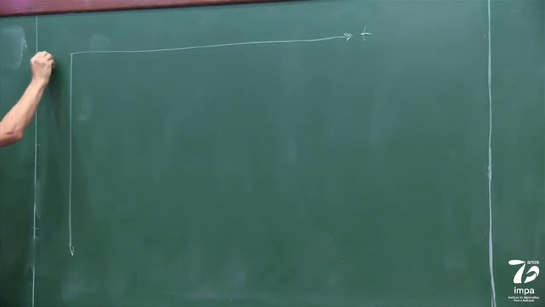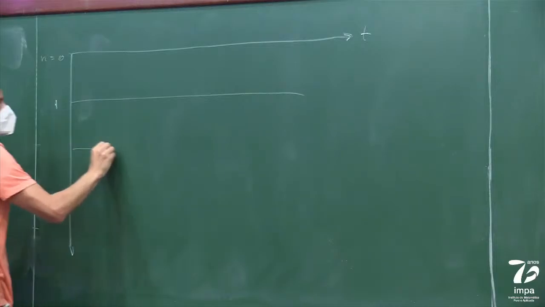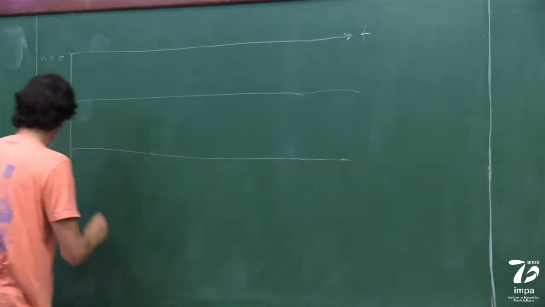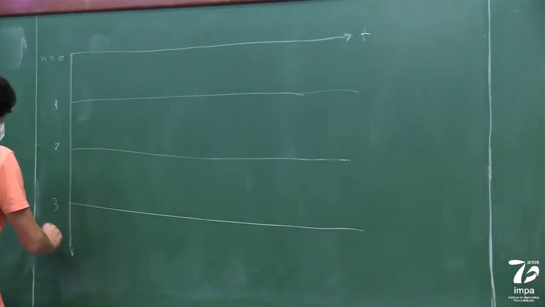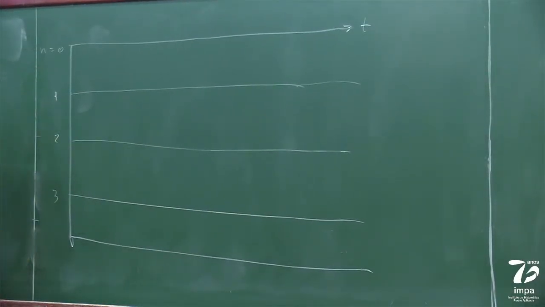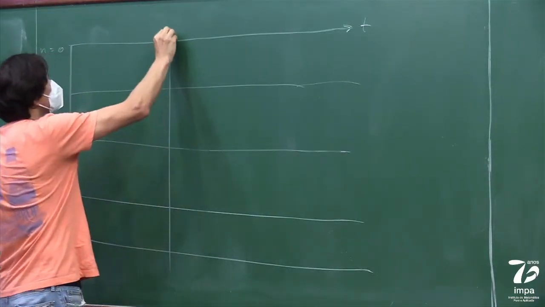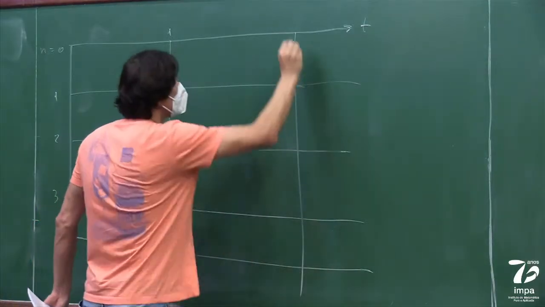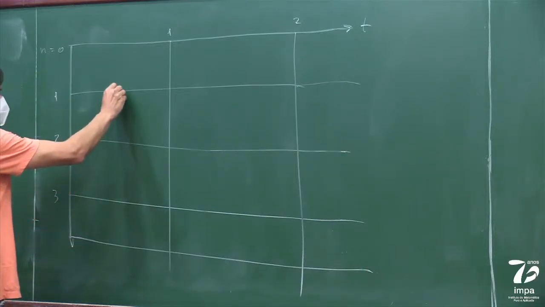So the n is 0, then 1, 2, 3, 4, and so on. And so at 0 scale, the turnover time is 1. So it's 1. 2, and at each next scale, the turnover time is twice smaller.